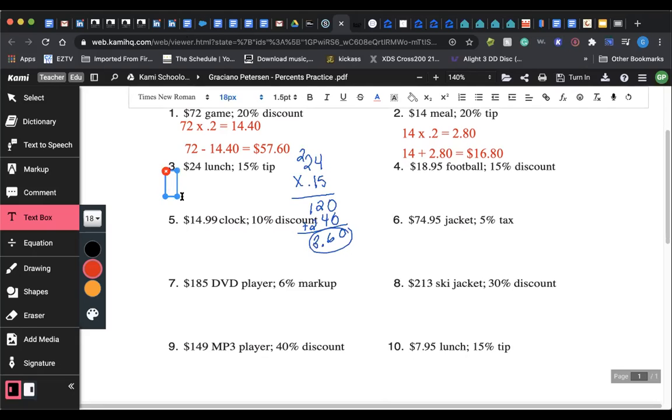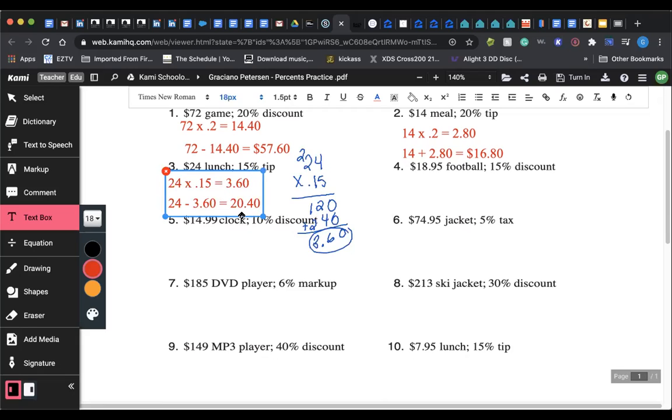Perfect. All right. So I take my $24. I multiply it by 0.15. Right. I'm going to get 360. And then I take that 360 and subtract it from $24. 360, not 260. Okay, and that should leave me with $20.40.